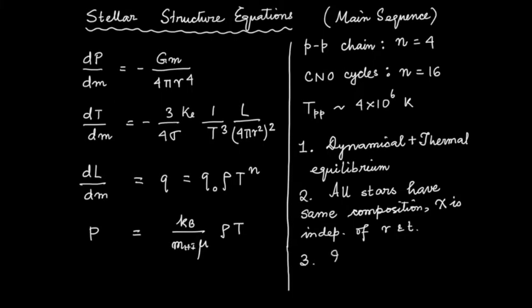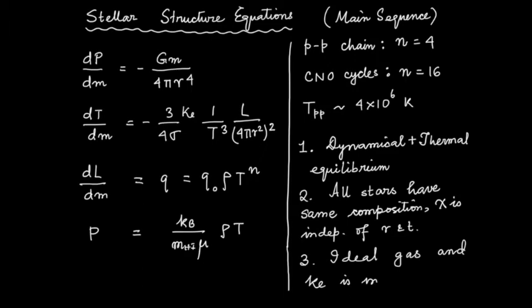And we have used the ideal gas equation of state. And additionally, kappa is also called opacity when you are dealing with three-dimensional radiative transfer. It's opacity per unit mass.